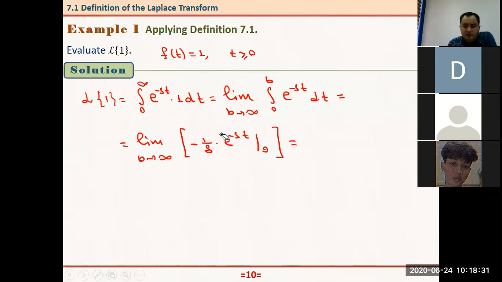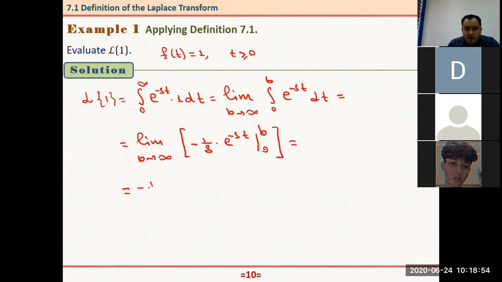This is how we evaluate an improper integral. Okay. So now if you evaluate this, minus 1 over s has nothing to do with b, right? It's not dependent on b, so I can just take it out using the property of limits.